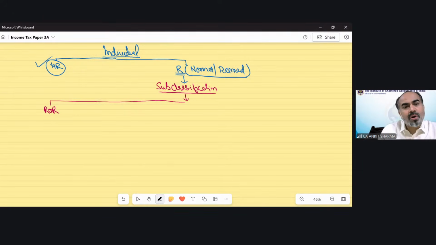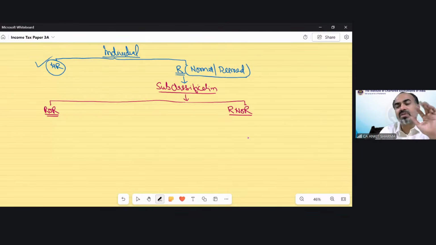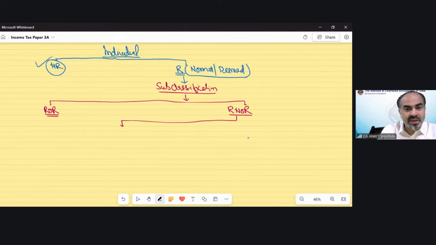If you are a resident, after subclassification the final level is either you would be a resident and ordinary resident, or you will become a resident and not ordinary resident. So this is going to be easy for you. Resident and not ordinary resident, this is in three cases. Do not worry, it's not difficult, very easy, I believe.